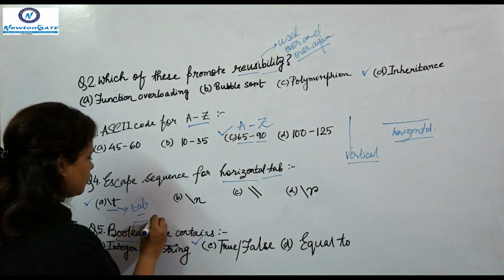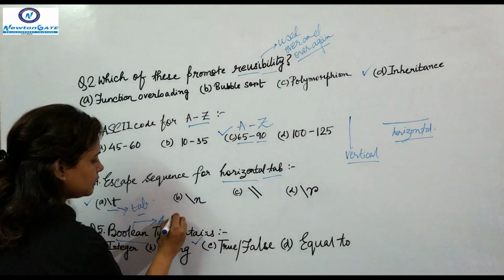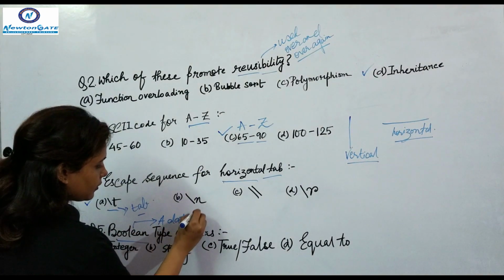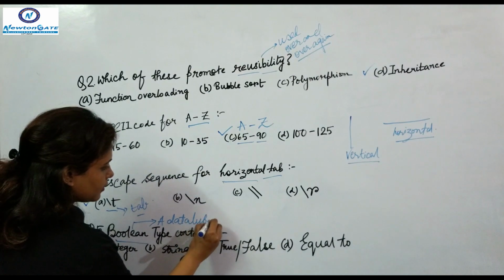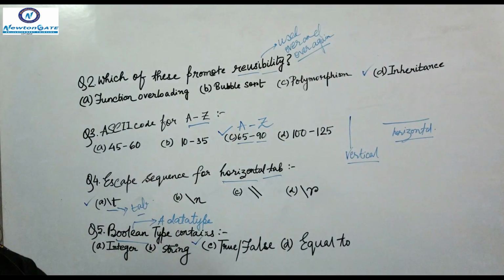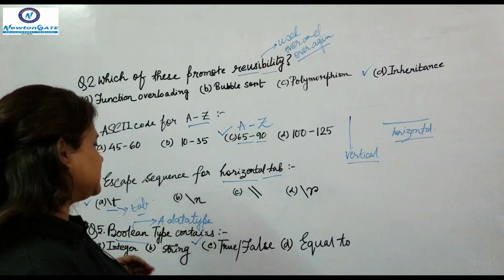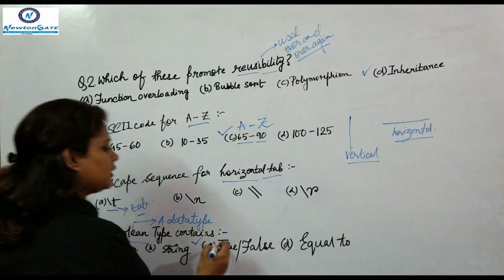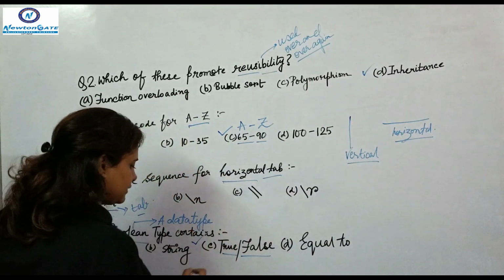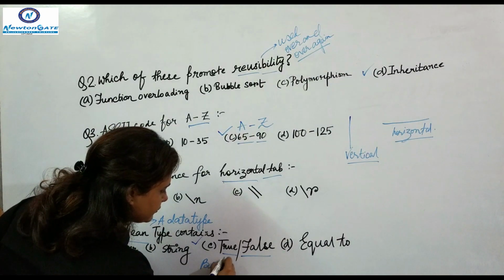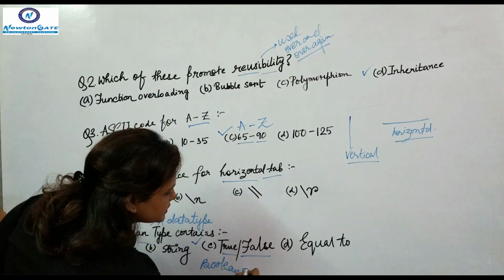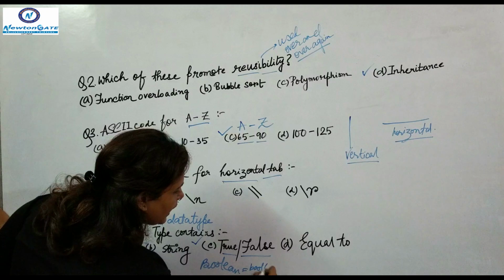So what is Boolean? A data type, and this data type will contain what? Values, like it will check. Boolean is represented by bool.